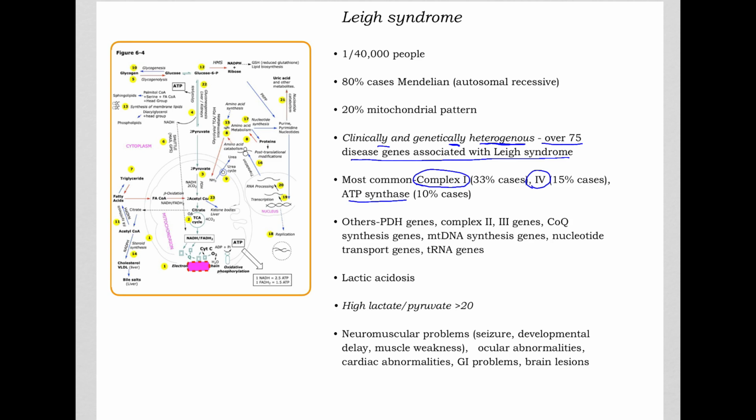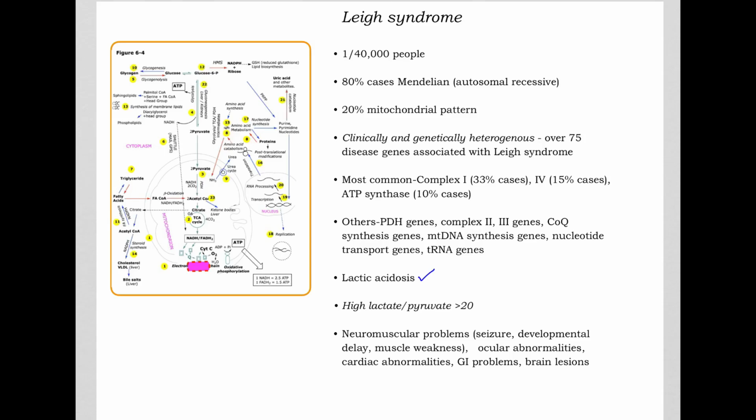Other genes that are affected include the PDH genes, complex 2, complex 3, the genes that make all the enzymes necessary for coenzyme Q synthesis, synthesis of mitochondrial DNA genes, the genes responsible for making the proteins that carry nucleotides into the mitochondria, as well as tRNA genes.